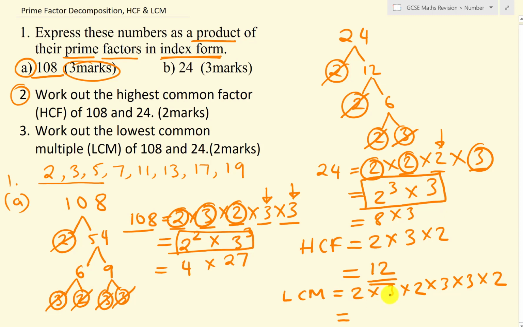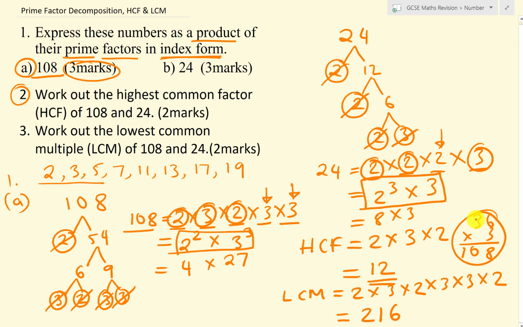So 2 times 3 is 6, times 2 is 12, times 3 is 36, 36 times 3 is 108, and 108 times 2 is 216. It's always good to check by doing calculations.